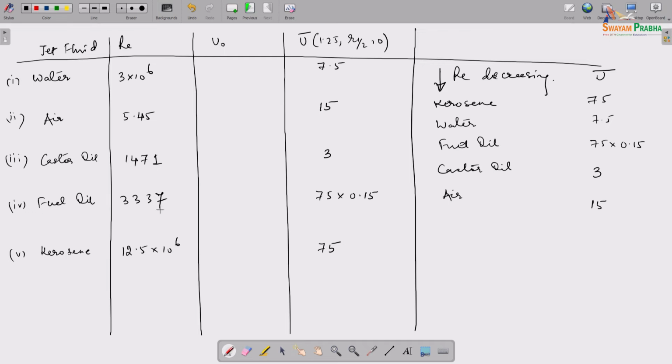And you see that when you go from kerosene to water, the mean U decreases really sharply. It decreases sharply, and then of course it's not that much. So if you go from 1 million to around 3,000, and around 1,500 to about 5, single digit, we just kind of see that.